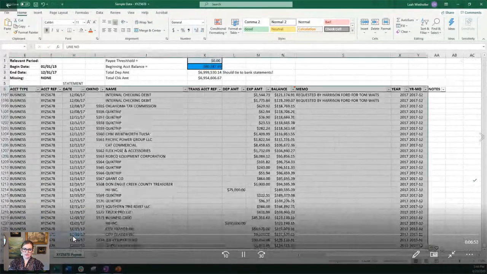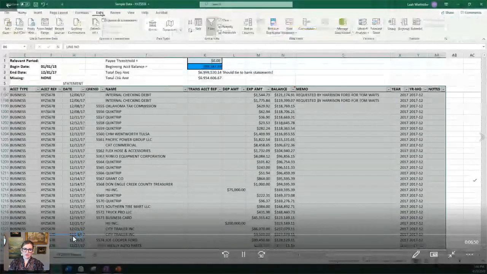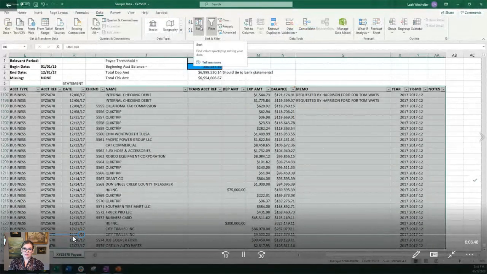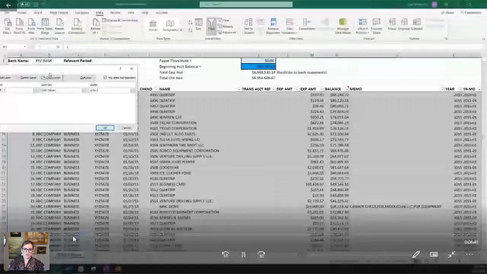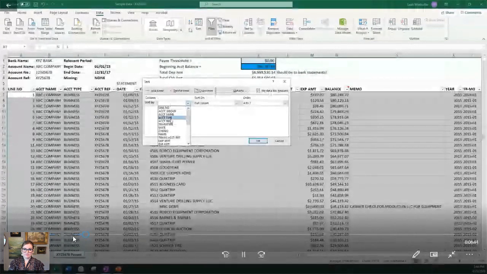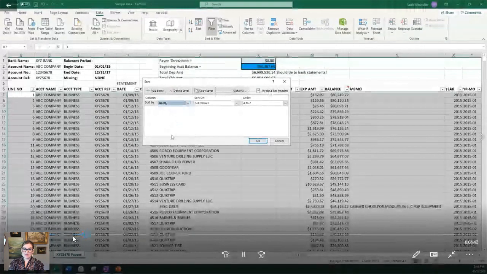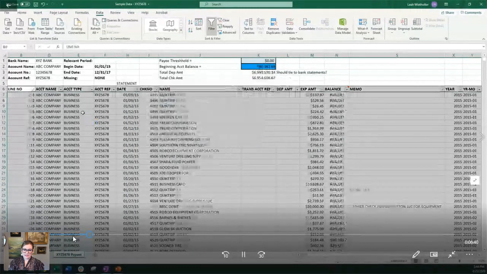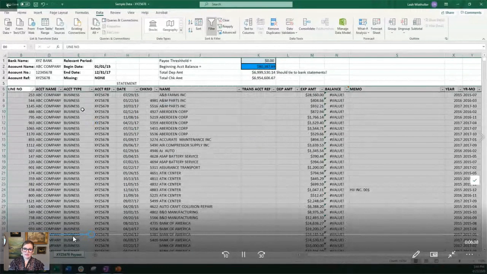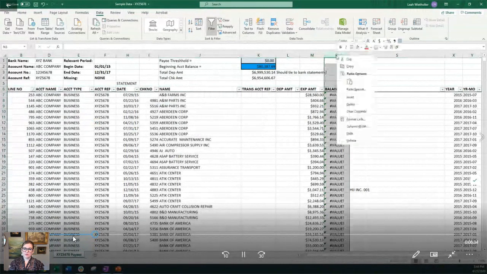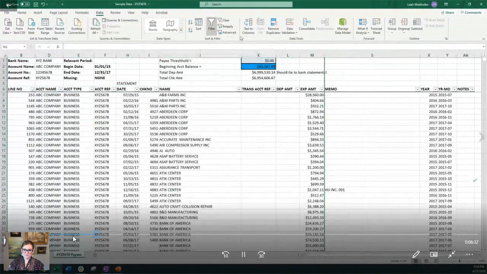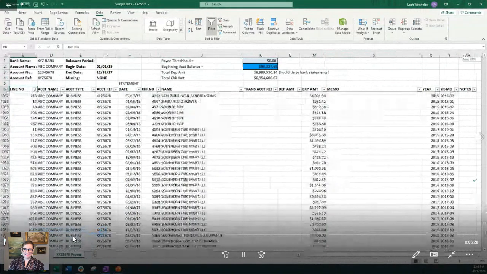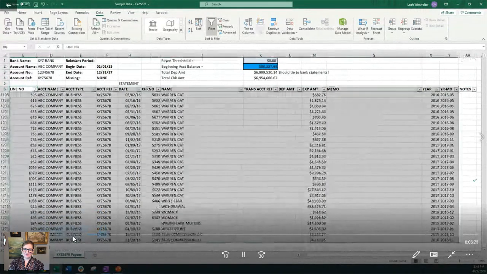So the first thing we want to do is really just organize this information. The way we like to do this is by sorting by name. So what's our payee name? We're going to sort that. And then we're going to do something called subtotaling. We're going to subtotal by name.